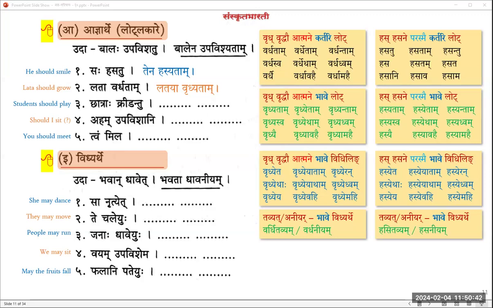Vriddh dhatu, right? In the textbook it is Vardhyatam. I think I have made a mistake. Vardhyatam is neither here nor there type of thing. Vriddh dhatu. Yeah, thanks. I'm anyway checking myself.